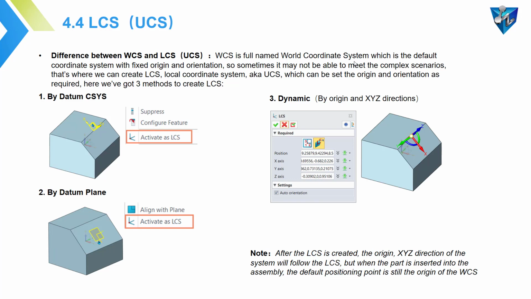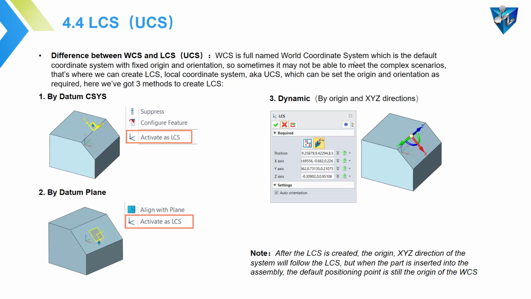So sometimes it may not be able to meet complex scenarios. So this is where we can create LCS, which is fully named Local Coordinate System. In some other software, it may be called UCS or something like that. So in the LCS, we can set the origin and orientation as required.